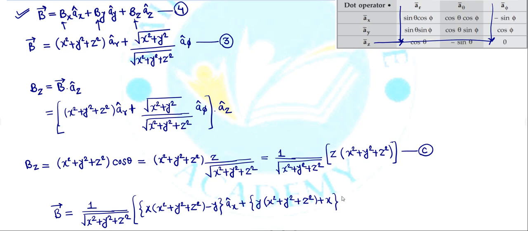This is for your y component, plus this z component that we have found just now. So that will be x square plus y square plus z square along z direction. So this is how we have converted your given vector B from its spherical form into its Cartesian form.